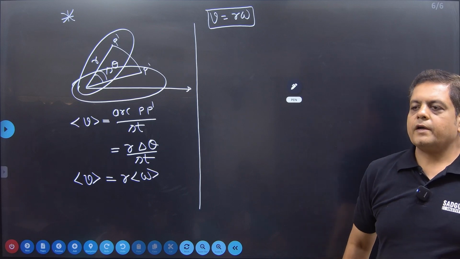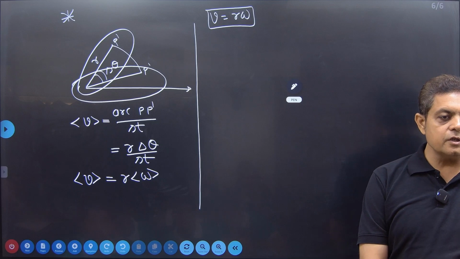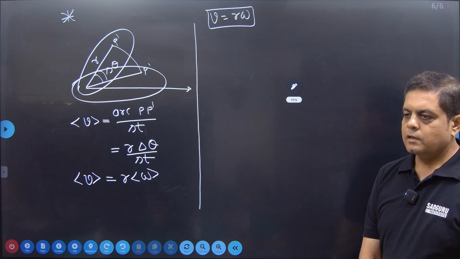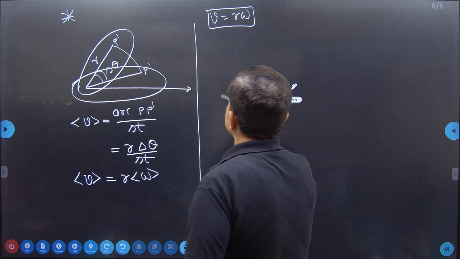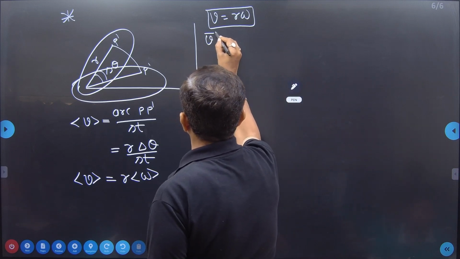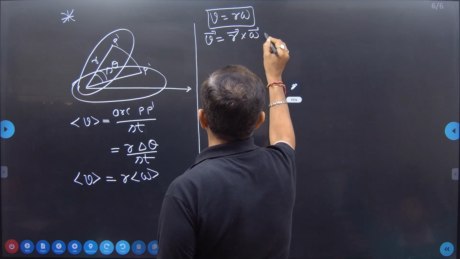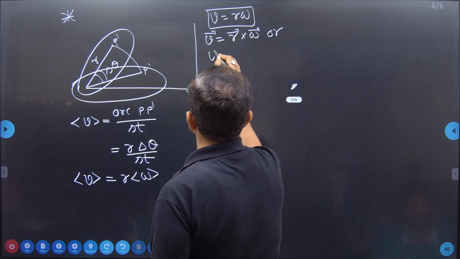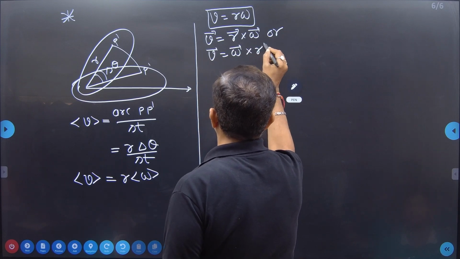Now, this is the relation for instantaneous linear speed and instantaneous angular speed. I want the vector relation, the relation between linear velocity and angular velocity. There are two possibilities: either v is r cross omega or it is omega cross r.